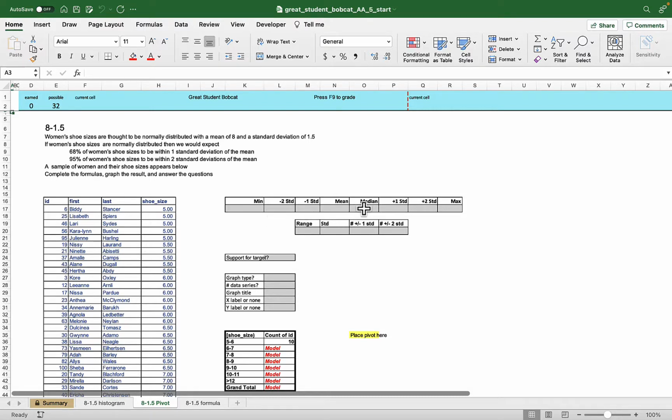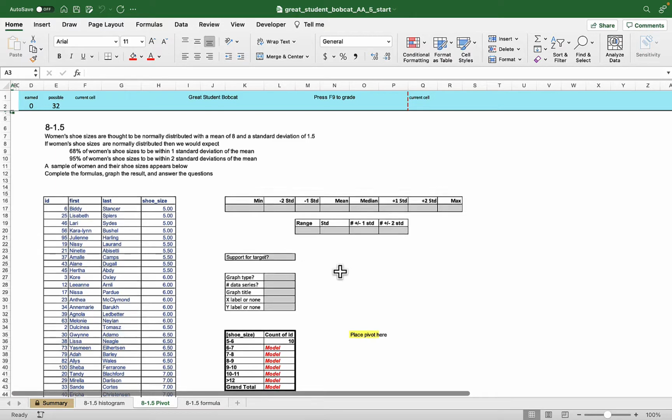We will do the mean and median, the range as max minus min, the standard deviation, and then the mean minus 1 standard deviation, plus 1, the mean plus 2 standard deviations and minus 2 standard deviations. Then use the COUNTIFS function to find out how many values there are. Because there are 100 records, that allows us to see whether these percentages were approximately met and whether we have support for the target.